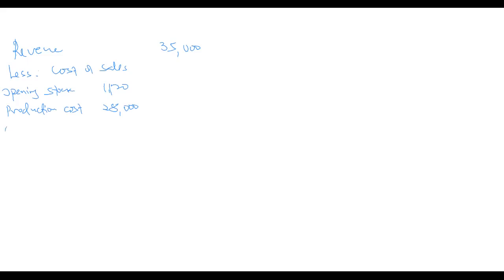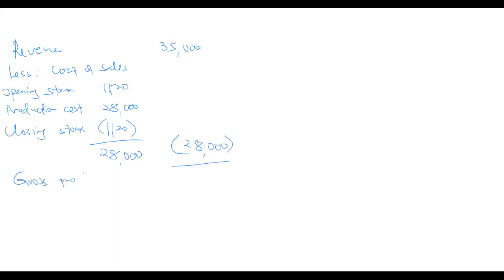We subtract closing stock, which is equal to 1,120. And we get a figure here of 28,000. This is what we're subtracting, 28,000. Therefore, gross profit has a value of 7,000.